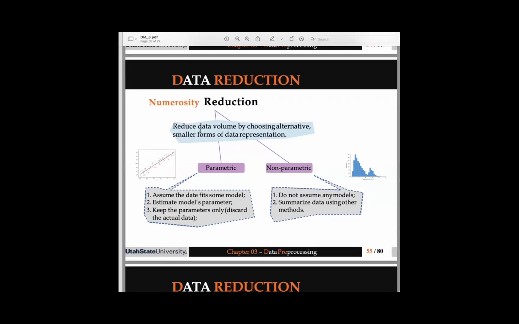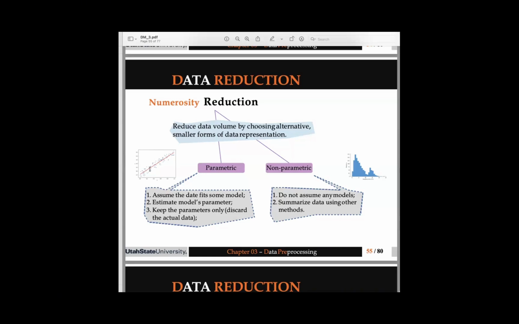So we can estimate the parameters of that particular linear regression, as an example, or any type of other model. And then we can discard all those scatter points that we have over here by only keeping the parameters of that line. So you can imagine that will save us a lot of storage.